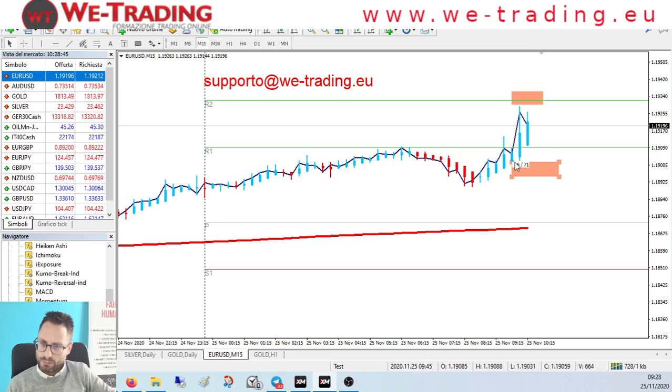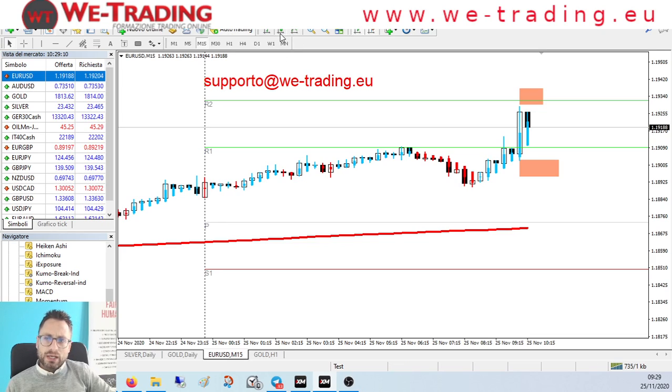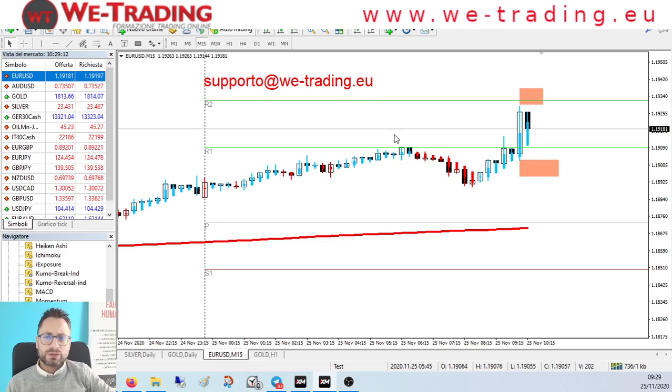But which of the two directions should we prefer? Will we go up or will we go down? This is the very important question. To understand the direction of the trend, I suggest you also look at the candlesticks.